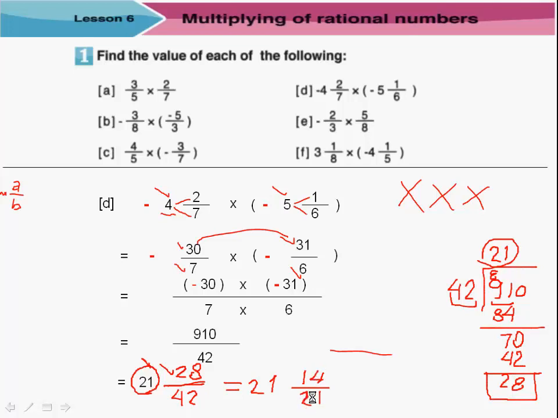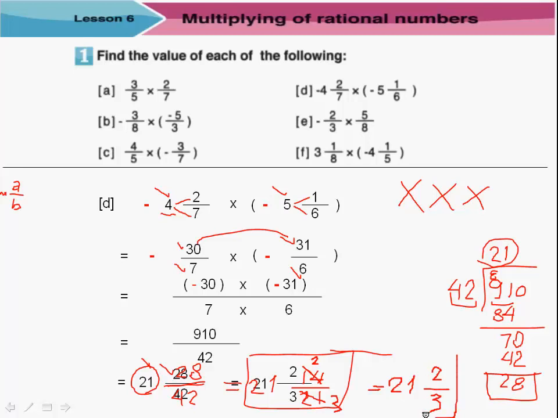Divide 14 by 7, it gives 2, and 21 by 7, it gives 3. So the solution will be 21 and 2/3. This is the simplest form.